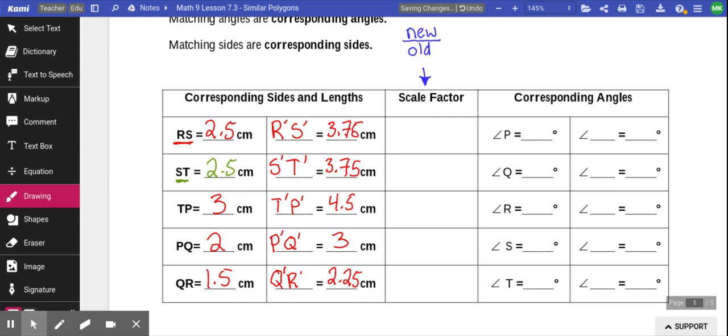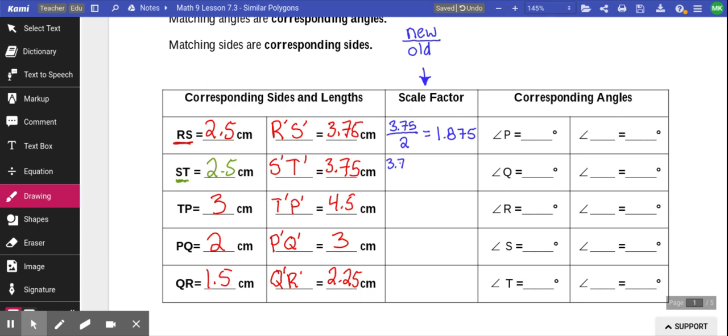So for us, if I wanted to know the scale factor that RS grew by, I would do 3.75 divided by 2. And if I put that in my calculator, that'll tell me my scale factor, which equals 1.875. Awesome. And I can do that for all these lengths. So I'm going to take the new length and divide by the old length for all these corresponding side lengths.